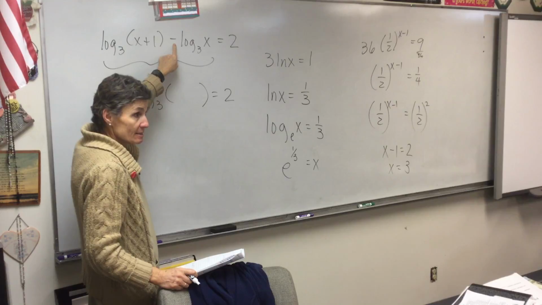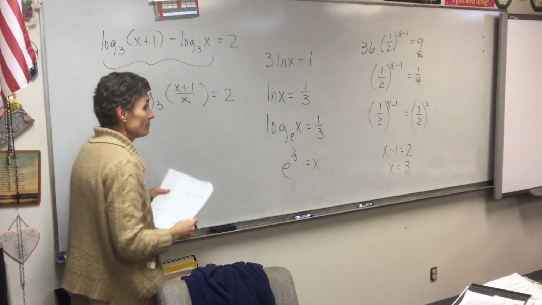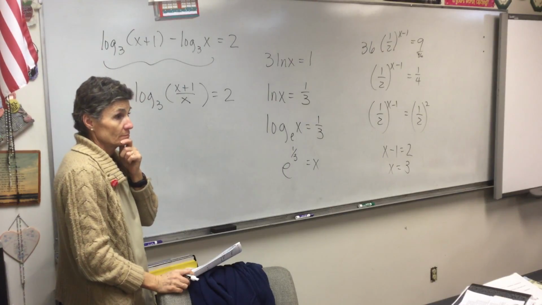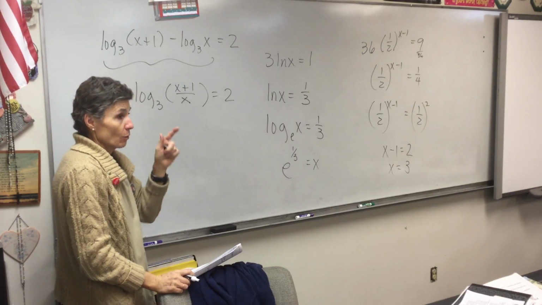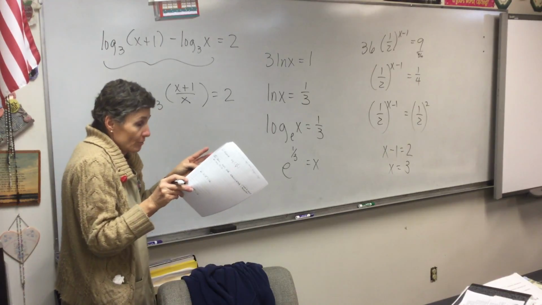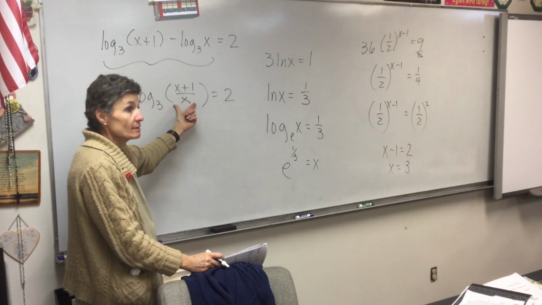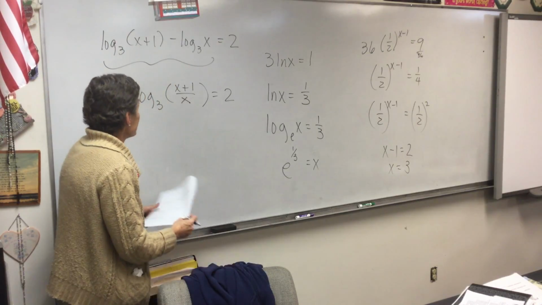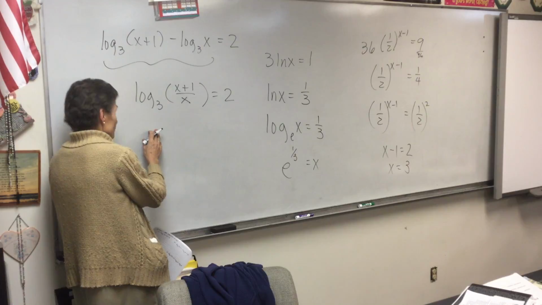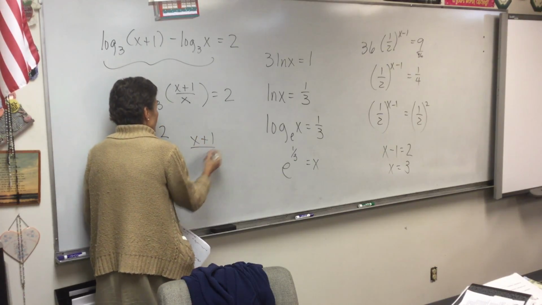That's a minus, so these are going to get put together as a division. So, if you have two logarithms, you need to put them together. Since they're being subtracted, they go together as a division problem. Now what do you do? 3 to the second equals (x plus 1) over x.